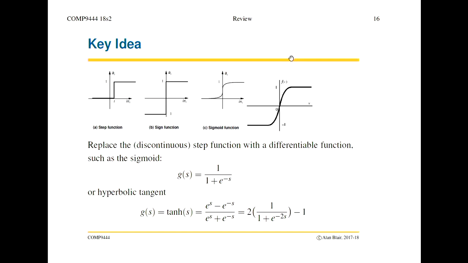So this was the key step in going from the perceptron learning up to backpropagation: making the transfer function differentiable. The original transfer function was not differentiable because it was flat almost everywhere. So if we want to make it smooth and differentiable, the functions that became common were the sigmoid function and the hyperbolic tangent.